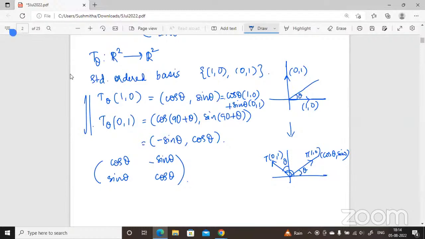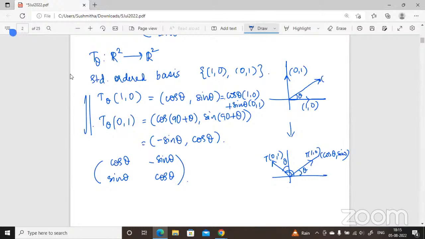So what is the coordinate of this point? Cos theta, sin theta. This is the resulting vector, which is going to get transformed into some other vector.